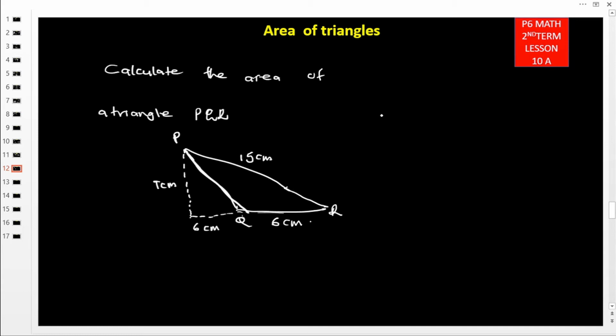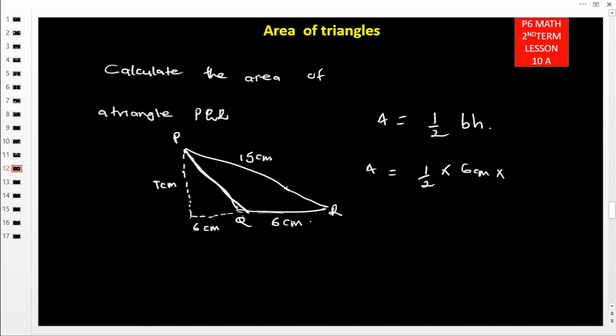So our area is equal to a half base and height, right? Then area here is equal to a half. What is now the base of the triangle? Because it is triangle PQR, it's not this 6, it is this 6 which is here, QR. So that is 60 centimeters times the height. What is the height?